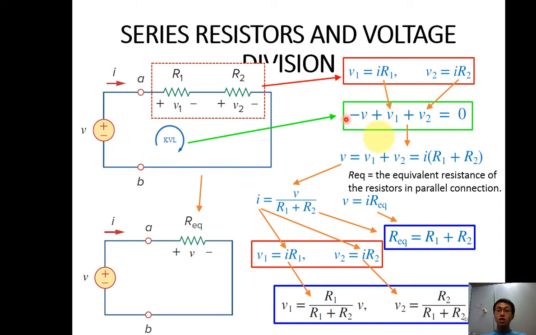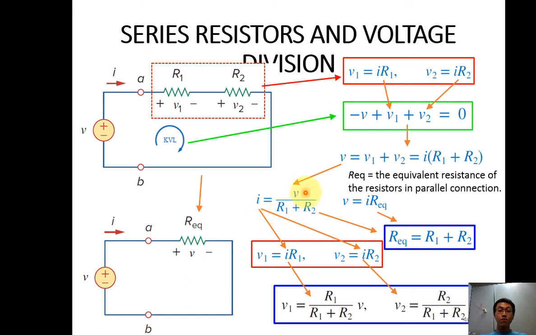So this is the equation. Then I rewrite the equation: V equals V1 plus V2. I substitute these into here, and I found that I times R1 plus R2 is my V. Then I move around.